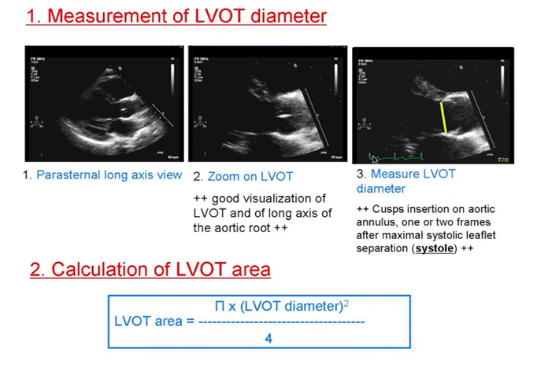Okay, so that's the LVOT diameter. Then you can write it down, square it, times it by pi, divided by 4, and that will give you the left ventricular outflow tract area. That's going to be important here in a second. Or you just plug this value into the ultrasound machine's computer, and it saves it and does the calculation for you. But this is the exact formula that it's using.